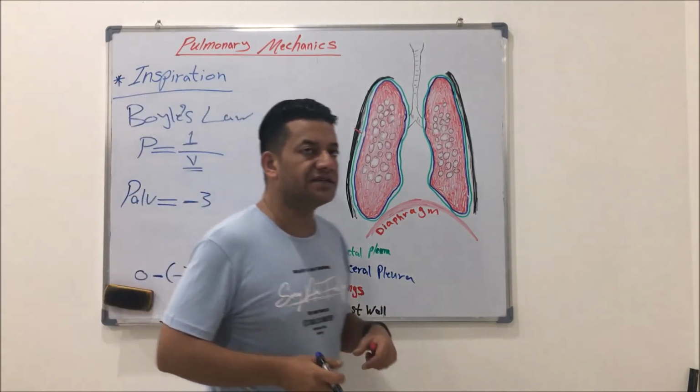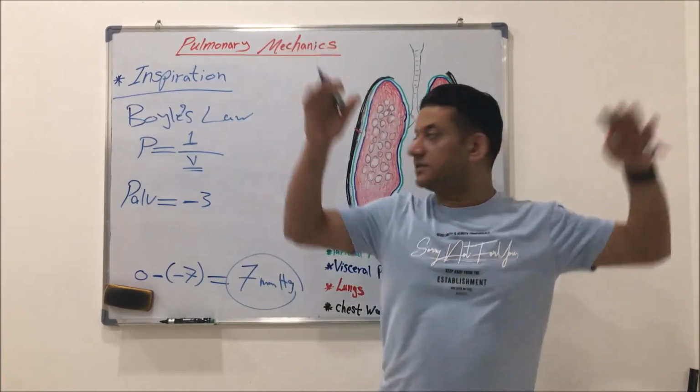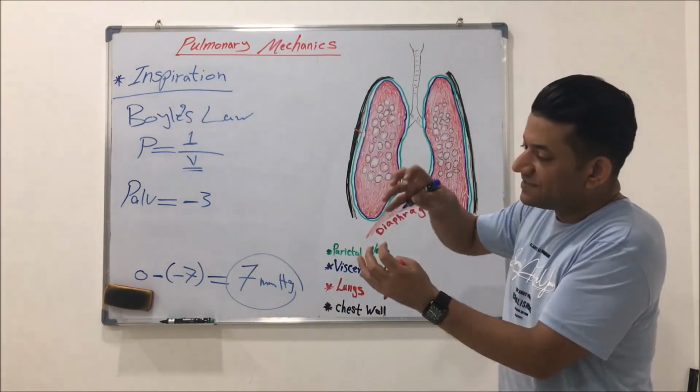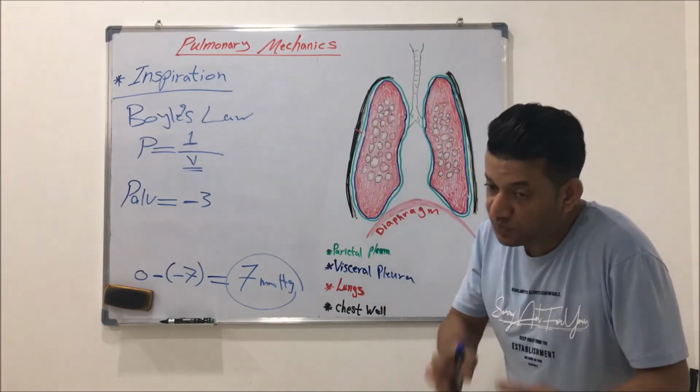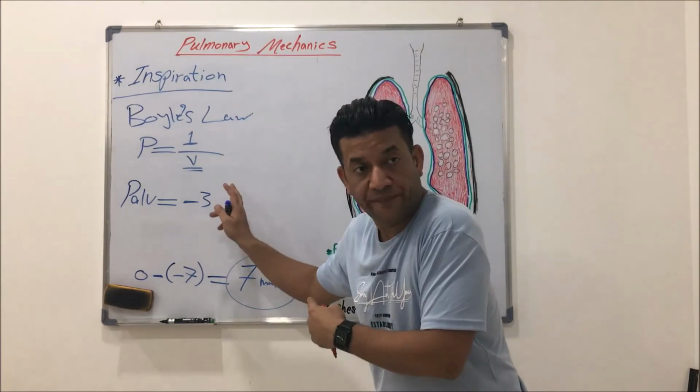Whenever we increase inspiration like that, the pressure inside the alveoli will decrease because of the increase in their size, and this is true because of Boyle's law.